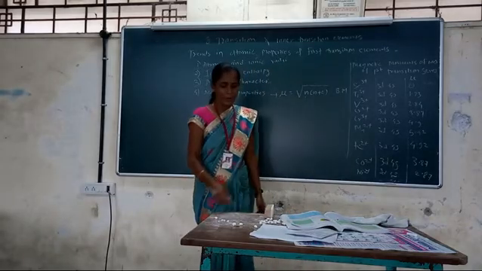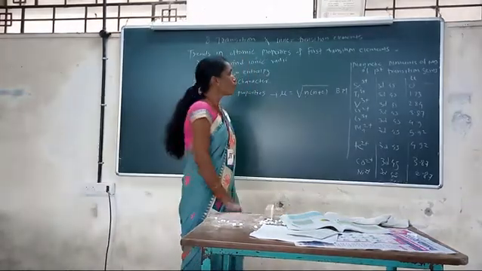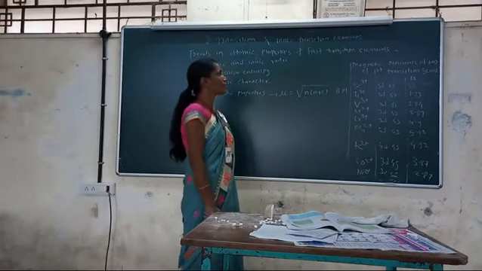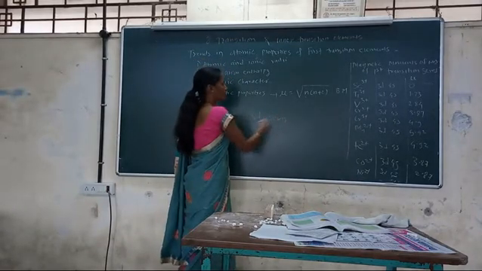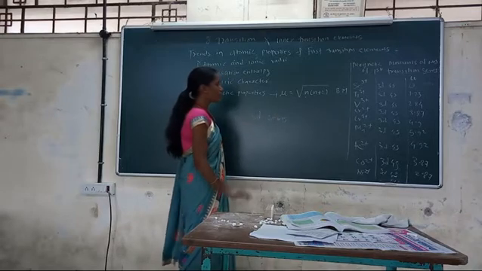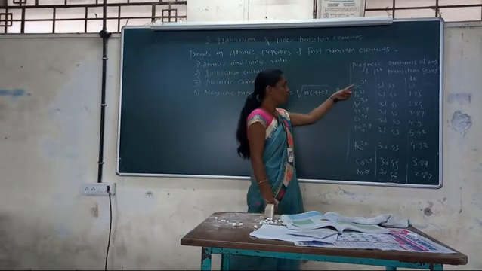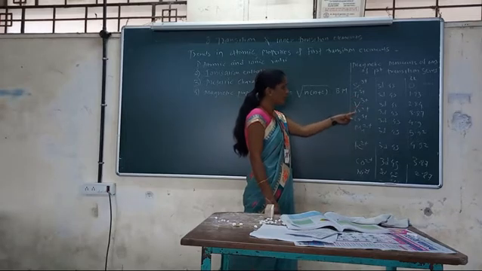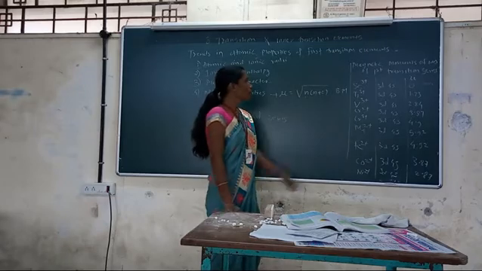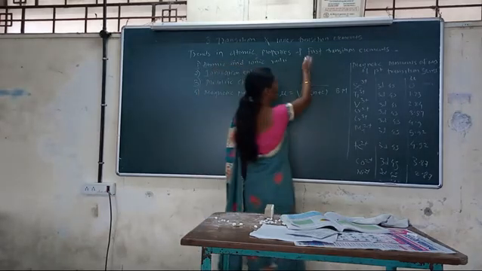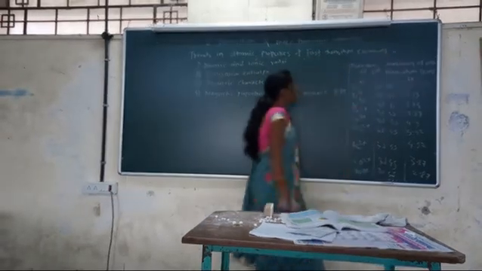First transition elements means the fourth period elements, that is the 3d series elements: scandium, titanium, vanadium, chromium, up to the last one, zinc. These are the first transition elements.